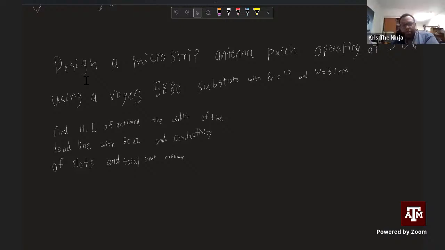No, I was saying the patch antenna. It was the notes from November 30th. Yep, I'm looking at them now.